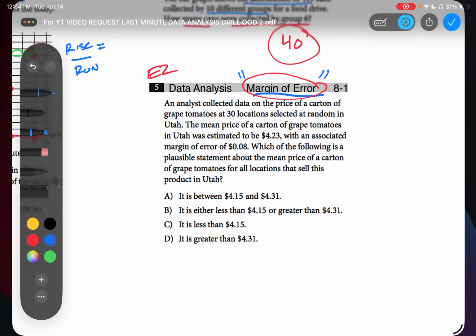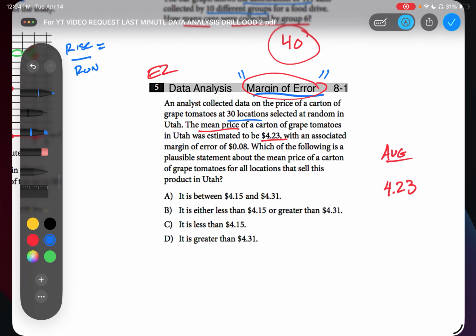An analyst collected data on the price of a carton of grape tomatoes at 30 locations. All right, cool, 30 locations. The average price, the mean price of a carton of grape tomatoes in Utah was estimated to be 4.23. So I got my label, my average.